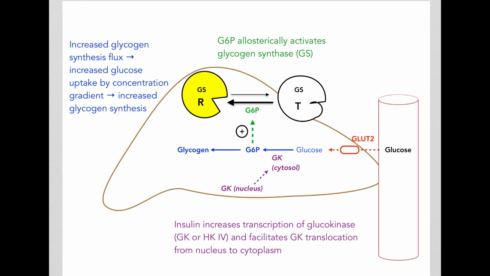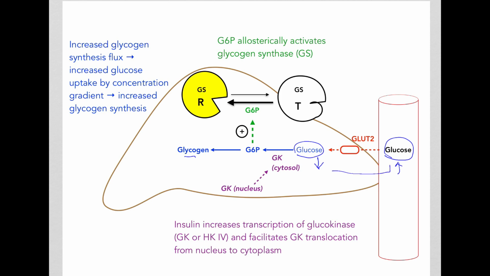So the rapid conversion of glucose into glycogen is once again going to keep the concentration of glucose very low in the hepatocyte compared to the concentration of glucose in the bloodstream, which is very high after a meal.